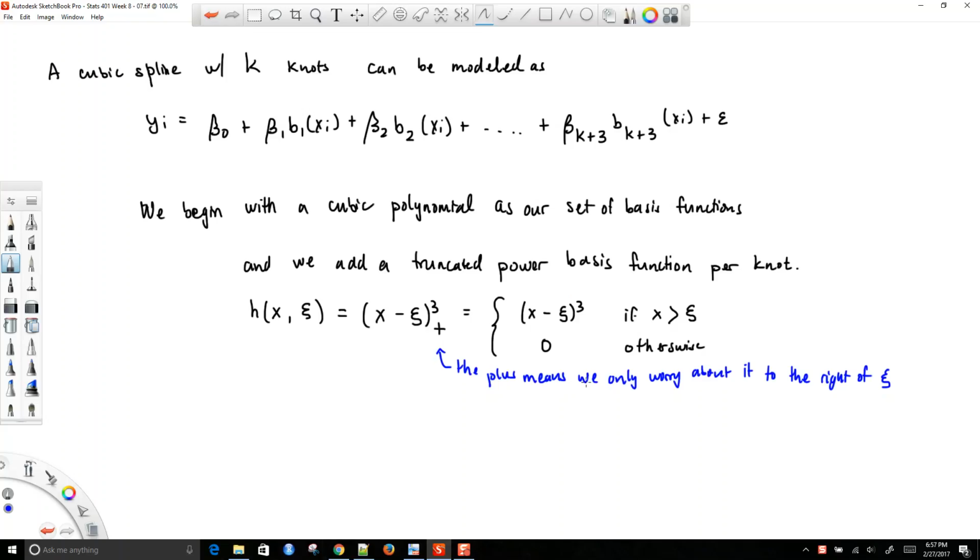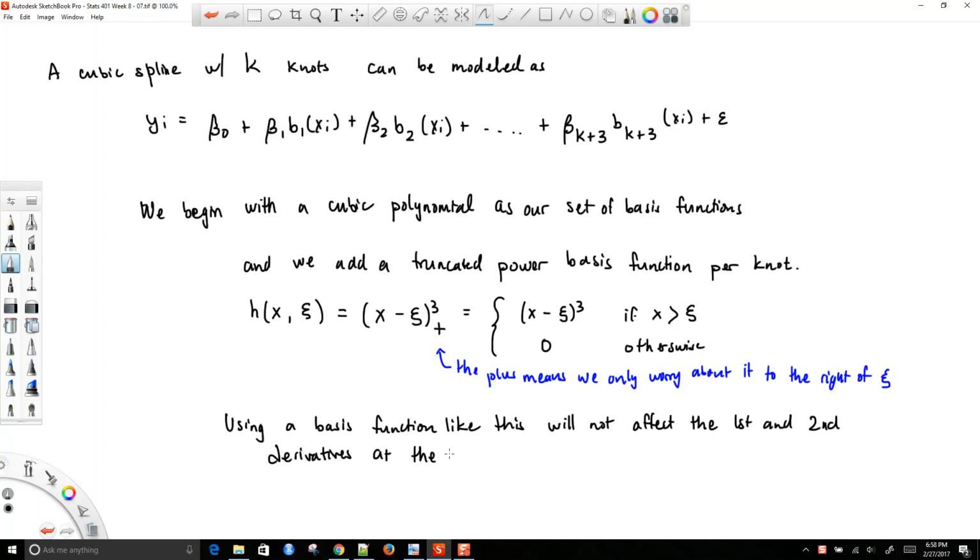So using this kind of basis function will not affect the first and second derivatives at the point x equal to xi.